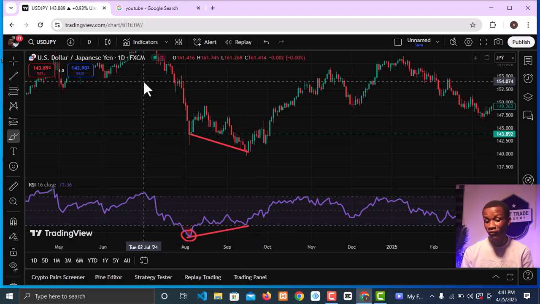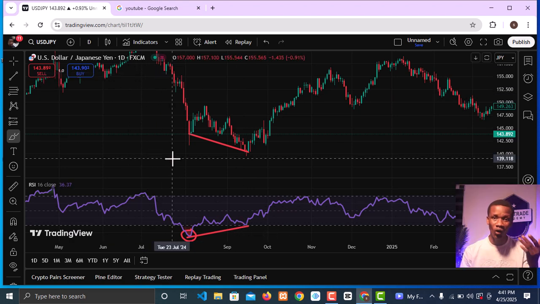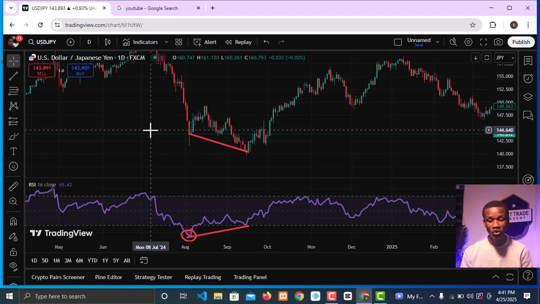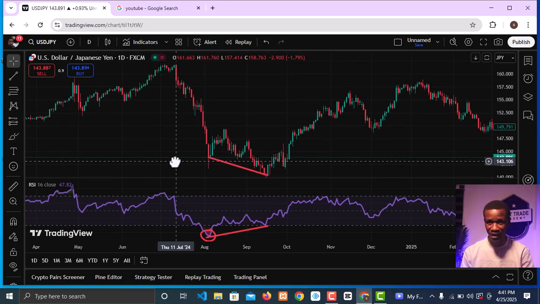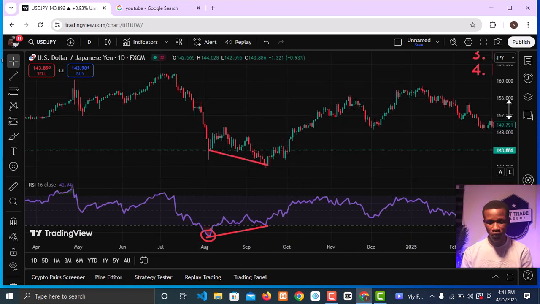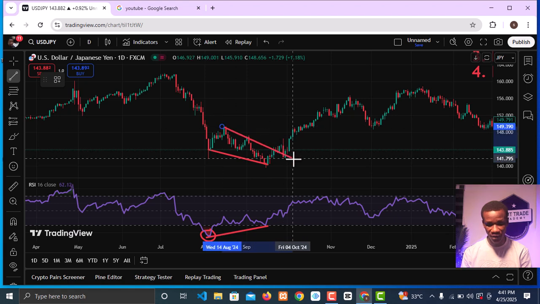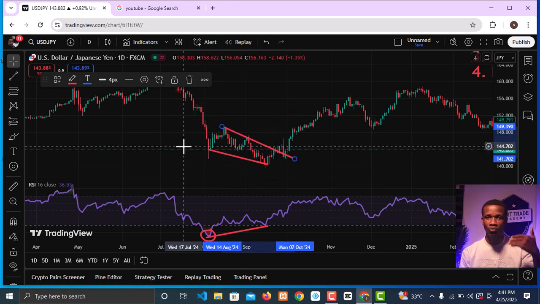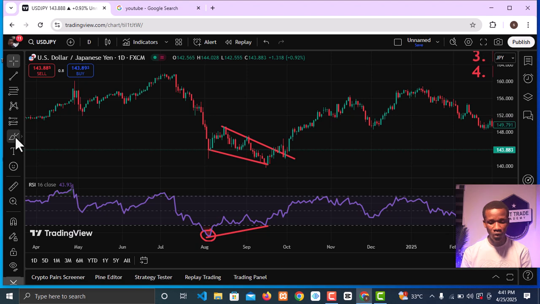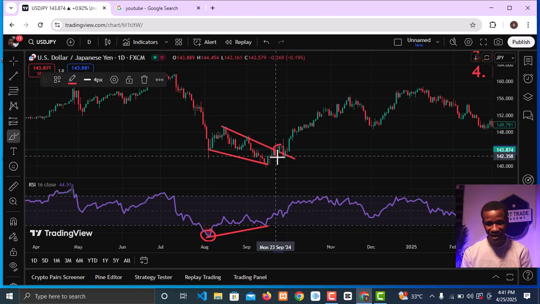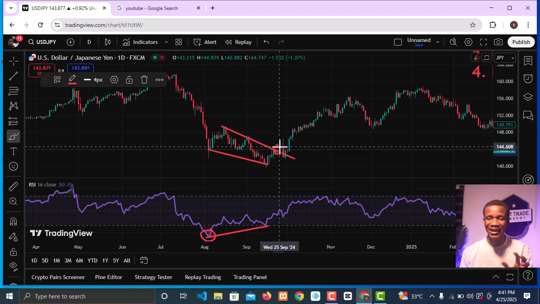That's the first confirmation. The second confirmation is we want to see the trend line break, which is super important. If you look at this market coming down, you have to draw a trend line from this point all the way to this area, so that when the market moves upward and breaks out of this trend line, we want to take a trade.